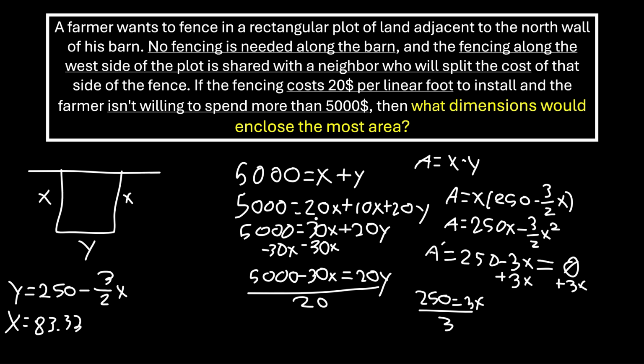Finally, to find y, we plug in our x into our y here. So 250 minus 3 over 2 times 83.33.